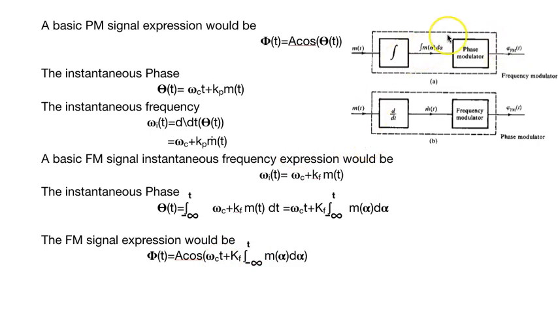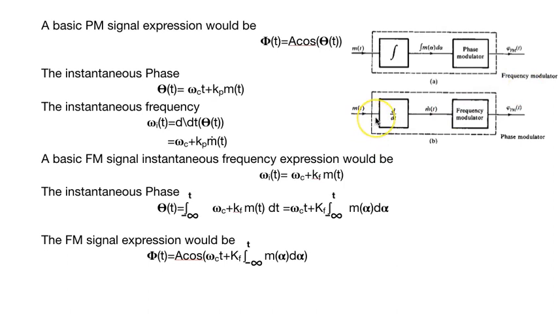Now this is a very important method, termed the direct method. If we wish to have a frequency modulator, what we do is integrate a message signal and pass it to a phase modulator, and we'll get a frequency modulator.